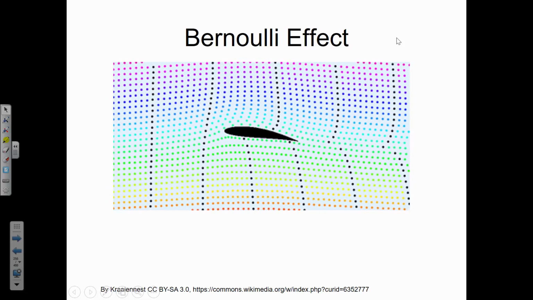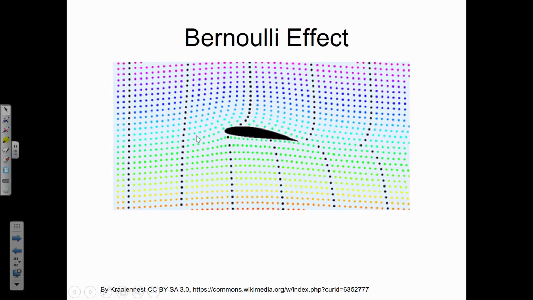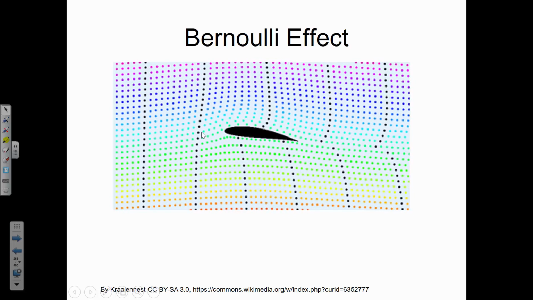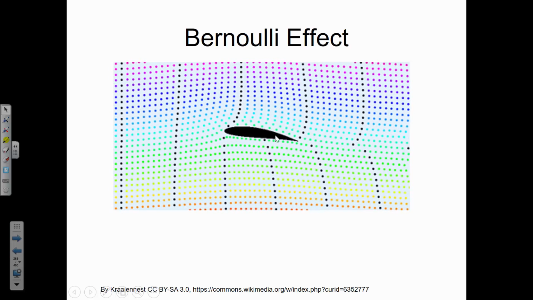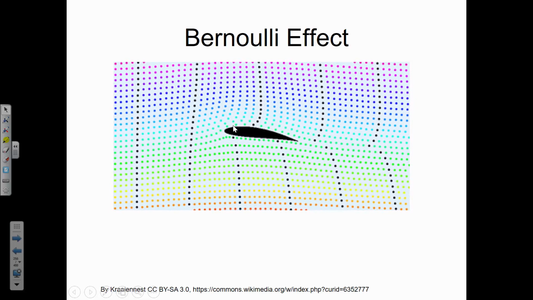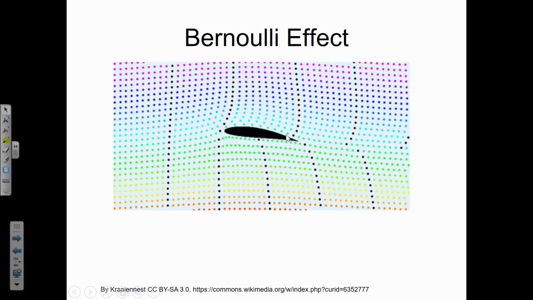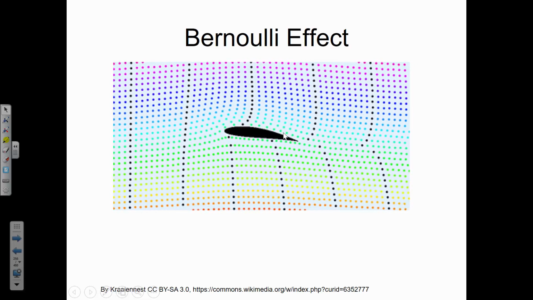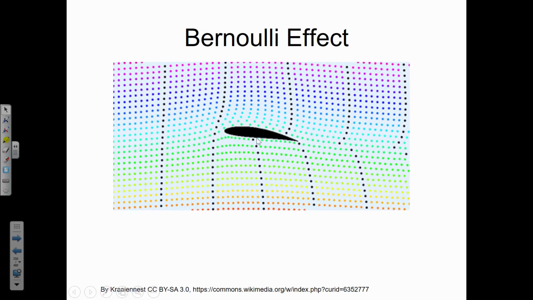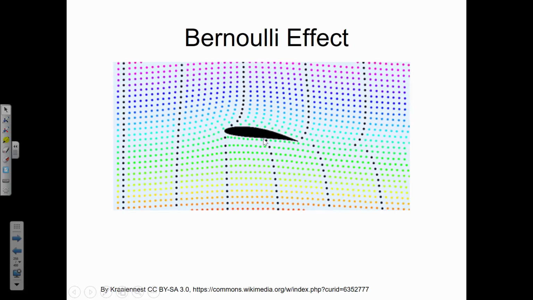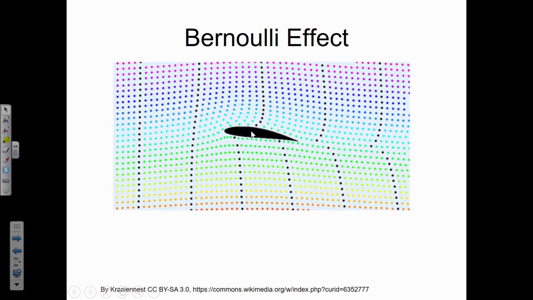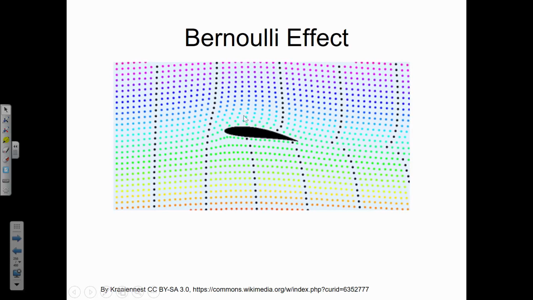And here's another one. This is a flow visualization animation meant to illustrate that the velocity of air over the top of an airfoil, like a wing, is faster. And because you have a faster velocity over the top part of the wing, that means you have lower pressure, and that's what causes lift: the differential in pressure between the bottom part of the wing where the pressure is high because you have low velocity, and the top part of the wing where there's low pressure.